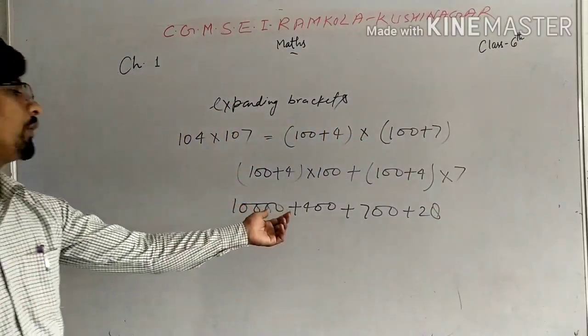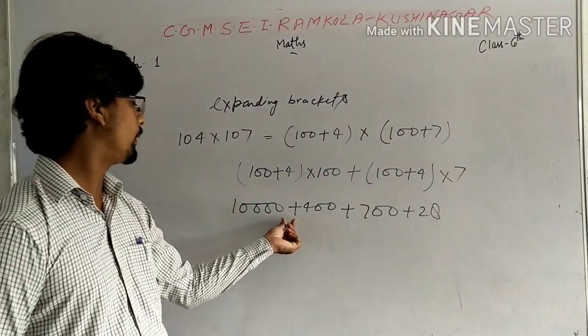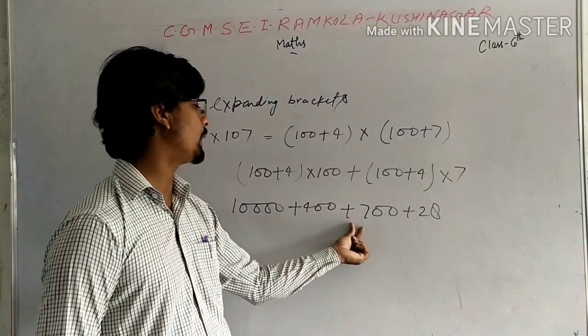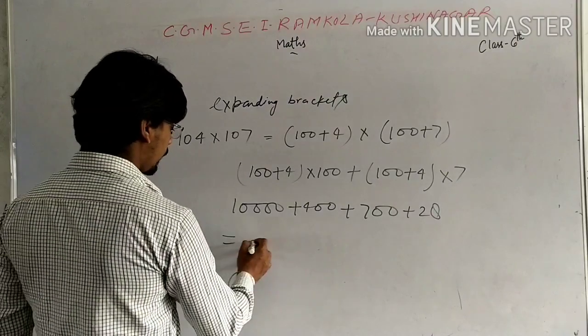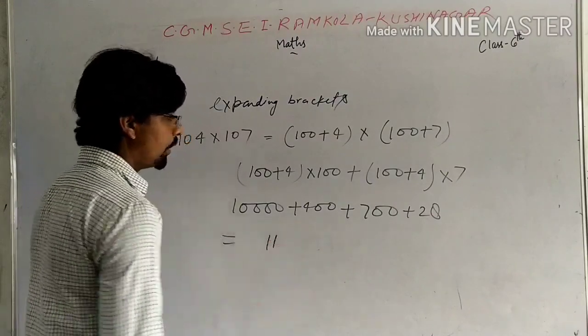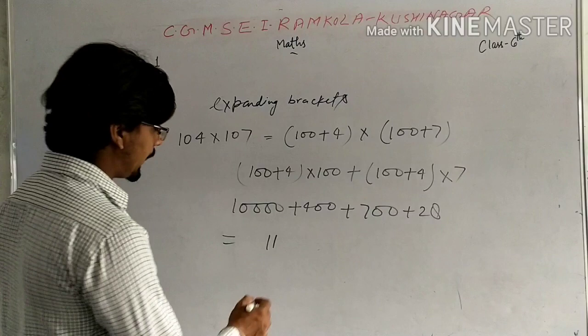Now here you are looking at 10,000 plus 400 plus 700 plus 28. It will be 11,128.